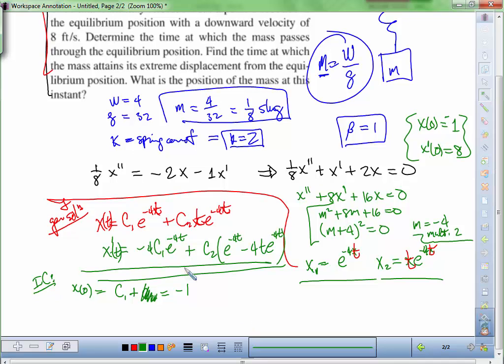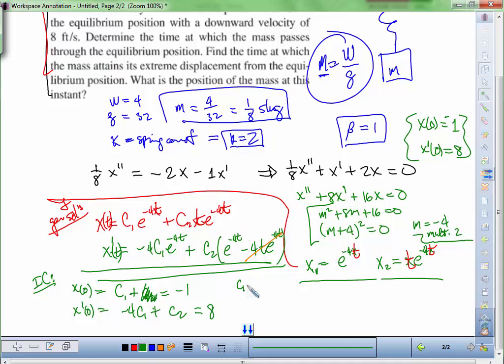And then x prime of 0, we put 0 in there, we get negative 4 C1 plus C2 times 0, and then this part will go away. So this is equal to 8.